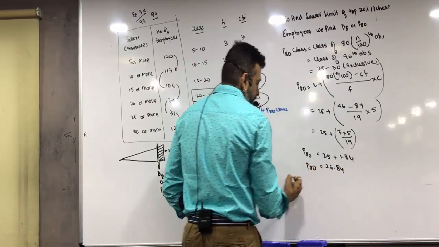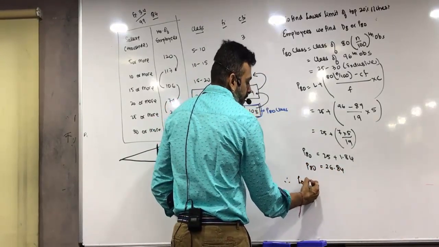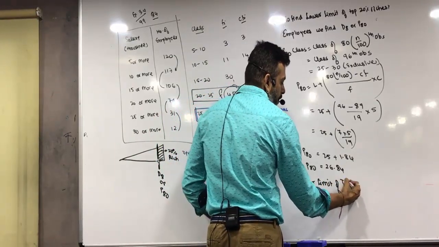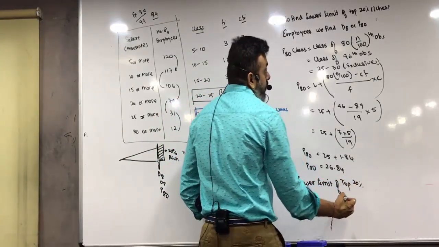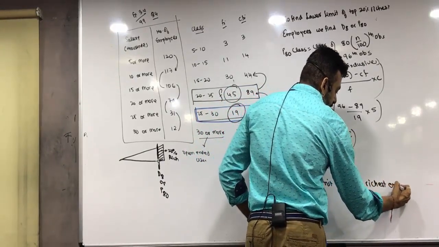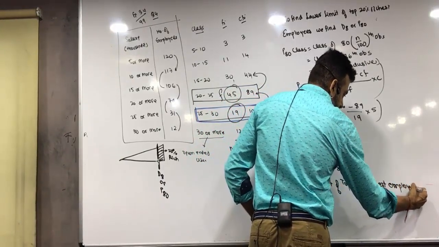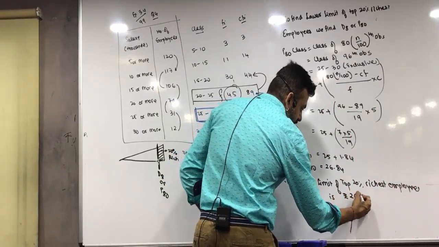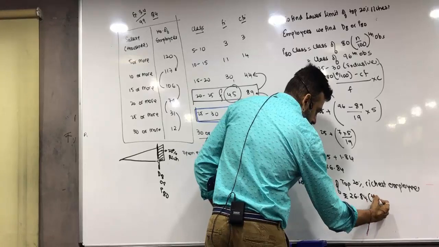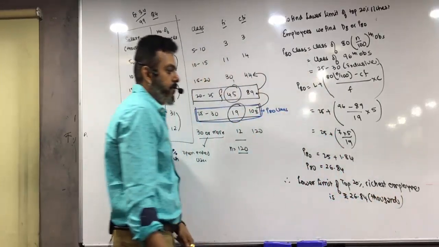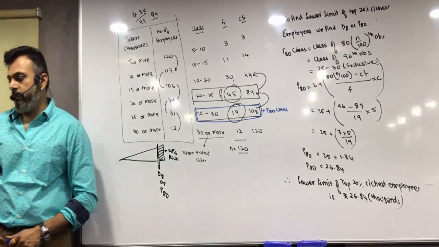So P80 is 26.84. Therefore, the lower limit of the top 20% richest employees is rupees 26.84 in thousands. Don't forget this, in thousands.